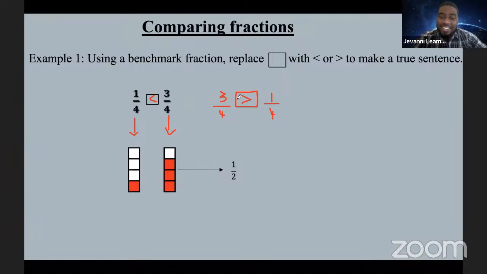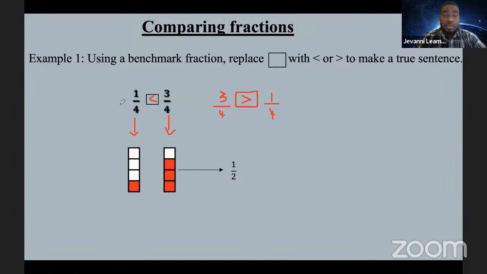All right. Now, I can say this in words by saying 3/4 is greater than a quarter, which is true, right? So that's how we read it from left to right. 3/4 is greater than a quarter.